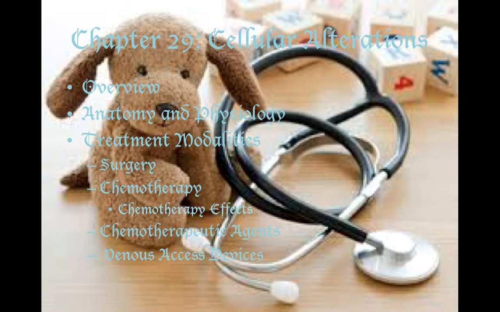When IM injections or venipunctures are necessary in the thrombocytopenic child, sites require application of direct pressure for up to 10 minutes to prevent bleeding. Rectal temperatures and suppositories are avoided to prevent bleeding or infection in this area.